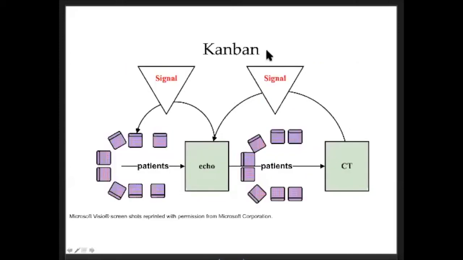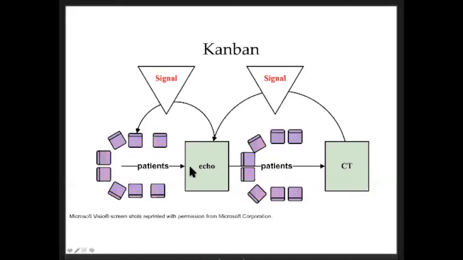And in the healthcare context, for example, the CT scan and echo could be places where a patient has to go. To manage the flow of patients between these two processes, you could create signaling between these two stations so that patients are moved forward from echo to CT scan at a pace consistent with what the CT scan can manage in terms of its requirements.